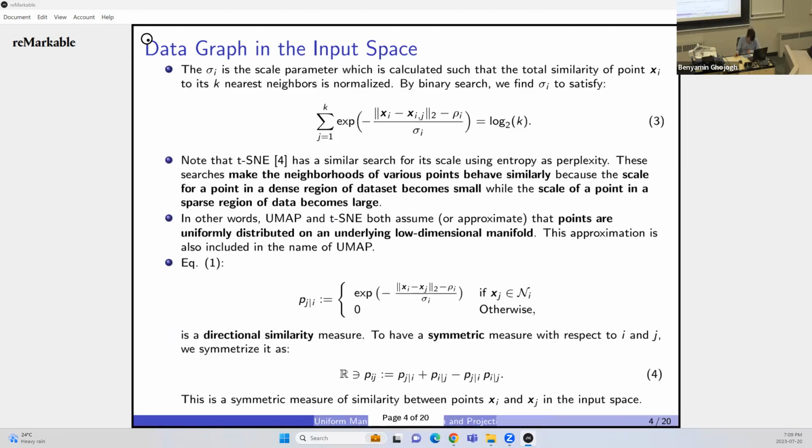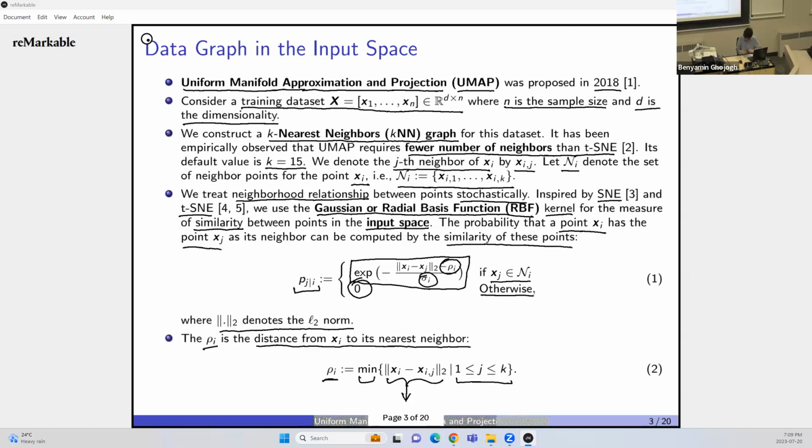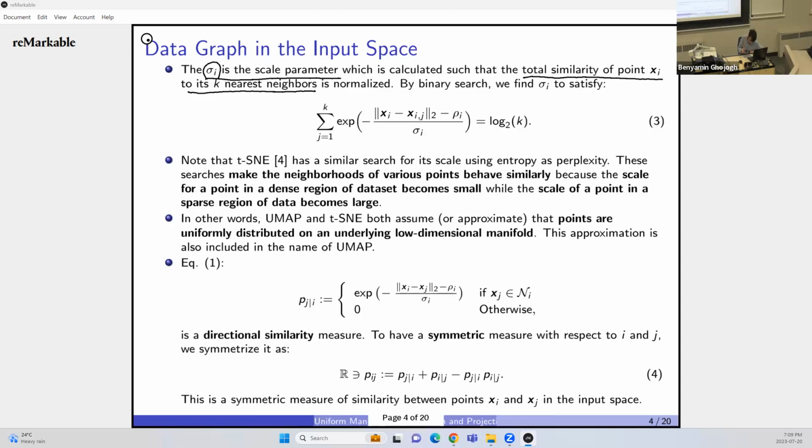Okay. Then sigma i is the scale parameter, which is calculated such that the total similarity of point xi to its k nearest neighbors is normalized, right? So this sigma i, what was that? Do you remember? This is the variance, or standard deviation, doesn't matter, in the Gaussian distribution.